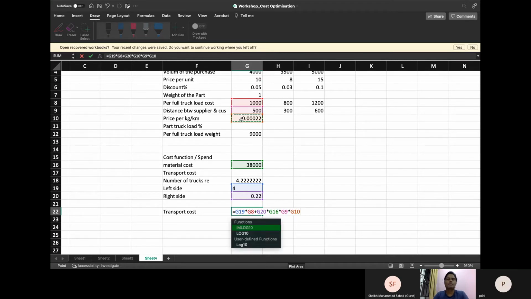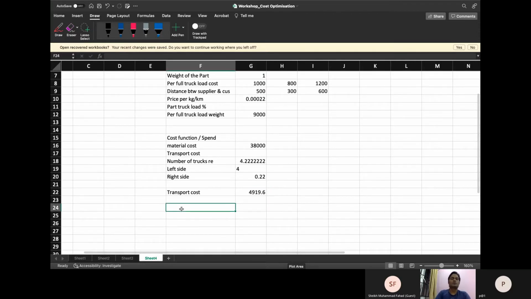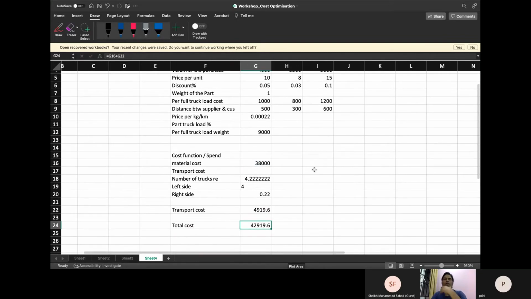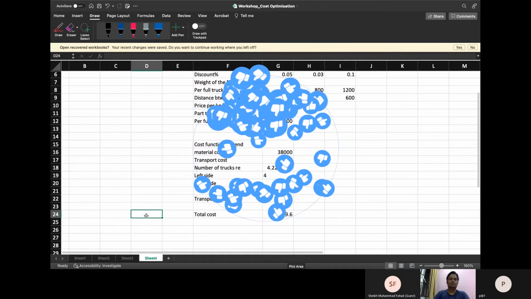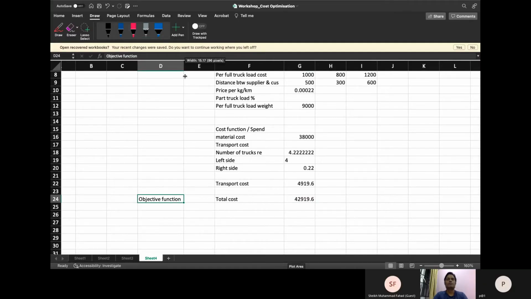We get 4919.6. This is the transportation cost. Now what is the total cost? Total cost is 38,000 plus the transportation cost. This is how we are defining our objective function and the calculation formula.